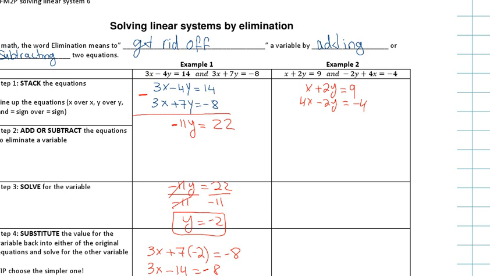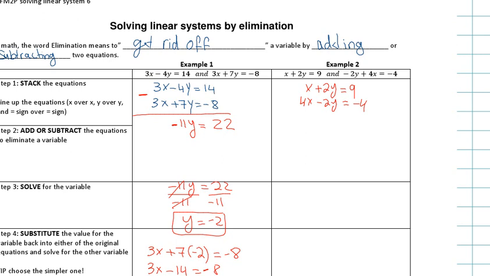Now, which term has the same coefficient? X or y? Y. 2 and negative 2, yes. So to get rid of the y, do you add or do you subtract? You have to add. Now remember in the first one we subtracted, because both had the same sign.